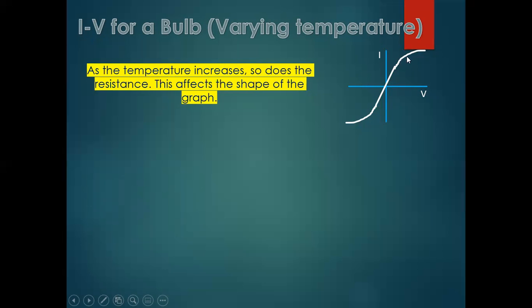You can see there, current starts to break off, if you like, and reaches its optimum level. It no longer increases, instead it starts to plateau. You can tell that because the curve is at the top here.